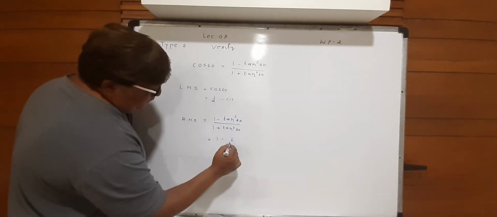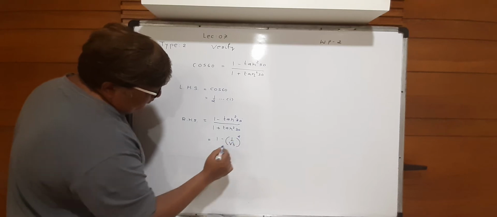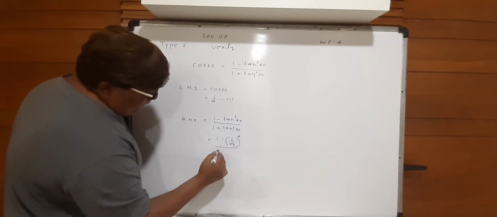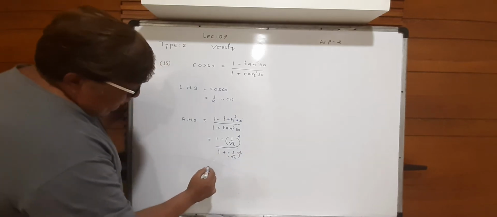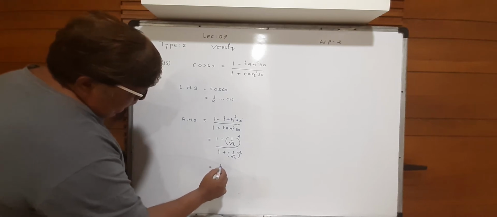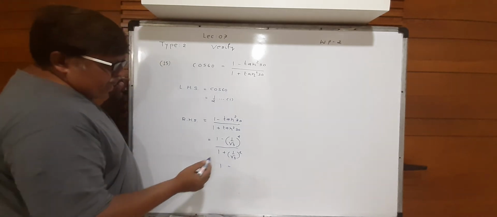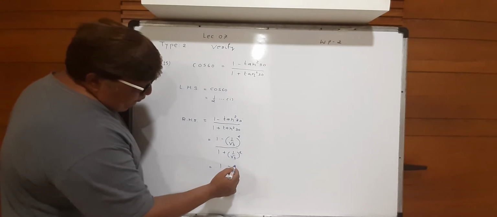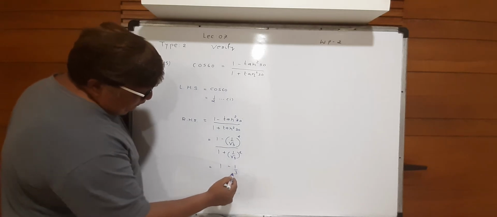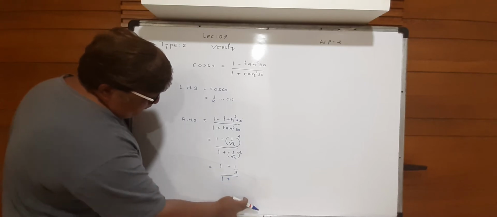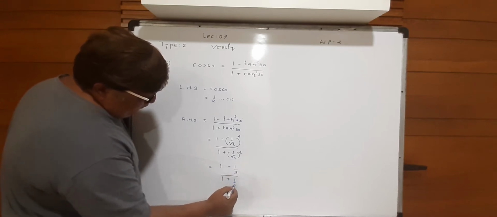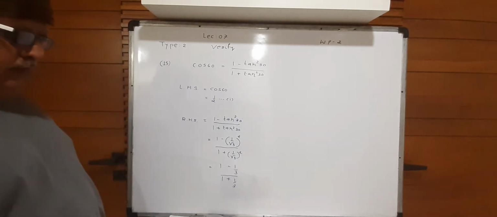Here it is squared, so we write (1 upon root 3) whole square upon 1 plus (1 upon root 3) whole square, equals 1 minus 1 upon 3, upon 1 plus 1 upon 3, since (1 upon root 3) square means 1 upon 3.